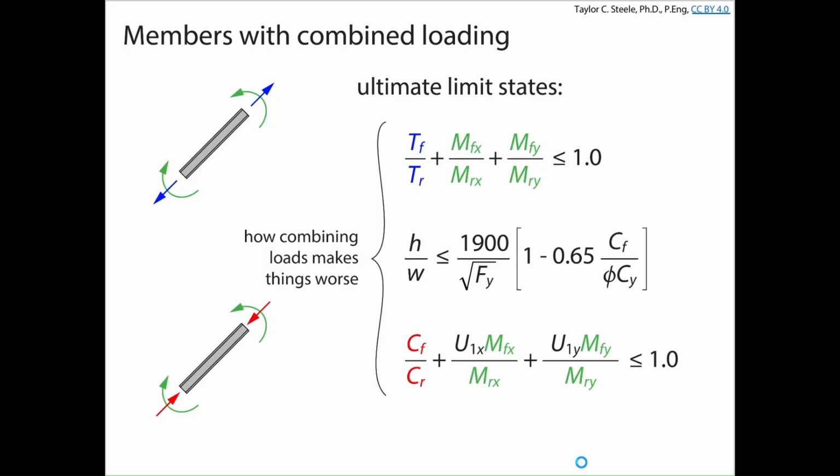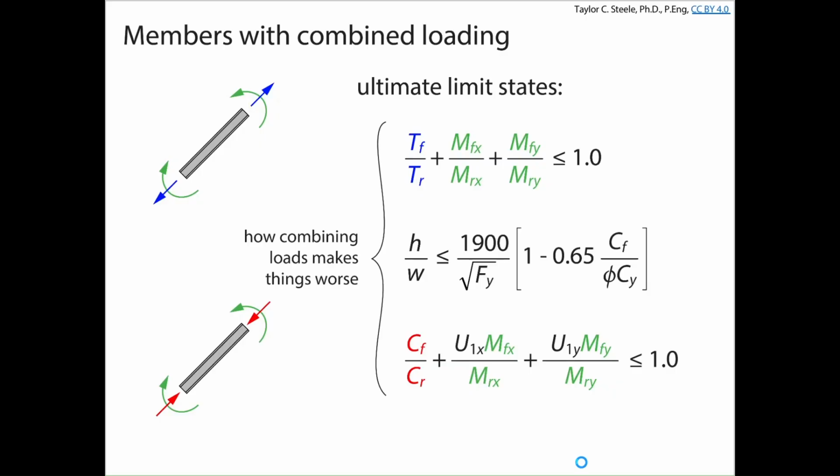In any case, we've got just a couple lectures left in the term, which is great. What we've been talking about most recently is a new topic: combined loading. Last day, I introduced combined loading on tension members, where we looked at an interaction equation, basically the cumulative utilization of the tension relative to its tension resistance, and the two moments about the strong and weak axes relative to their moment resistances.